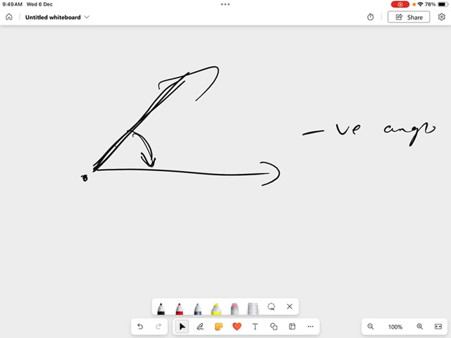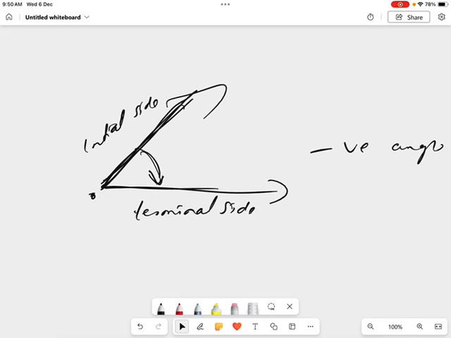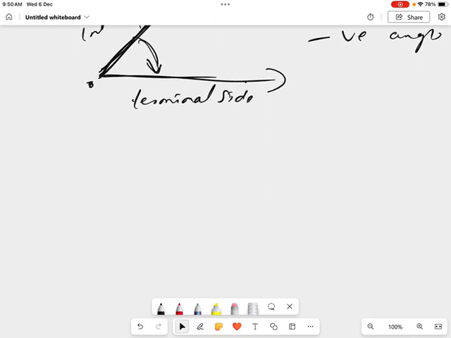So this is the initial given ray, that is the initial side, and this is the terminal side. Why? Because the given ray is rotated in the clockwise direction, from this position to this. So this is the clockwise direction. So this angle is a negative angle.